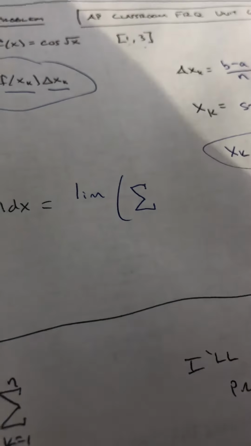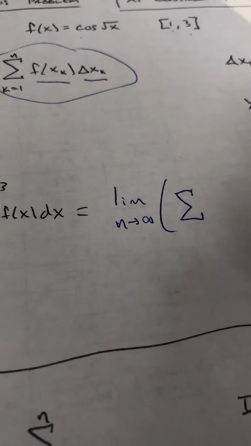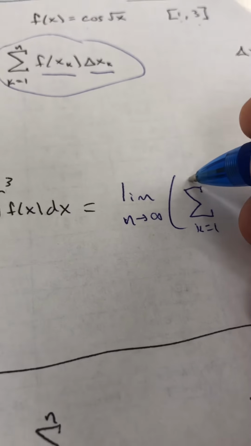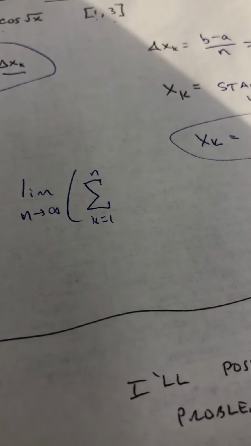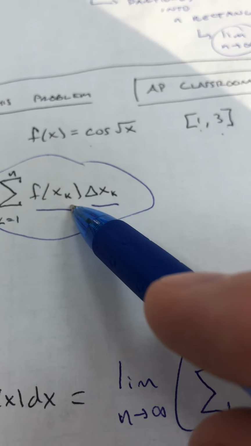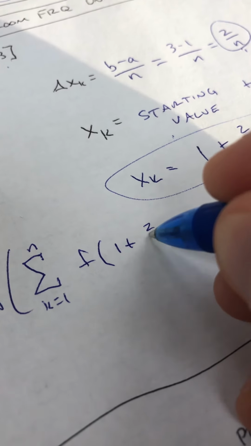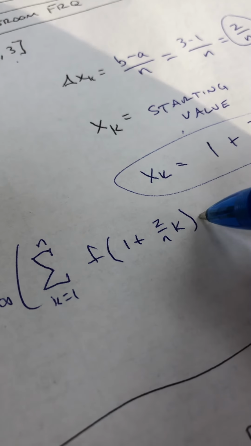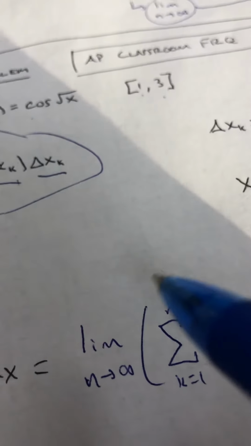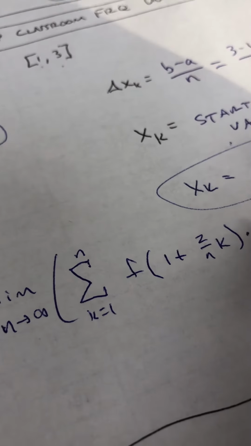So we want the limit as n approaches infinity, and from k equals 1 to n, we want f of x sub k, which in our case is 1 plus 2 over n times k, times delta x, and our delta x is 2 over n.